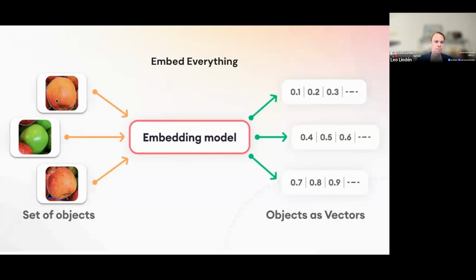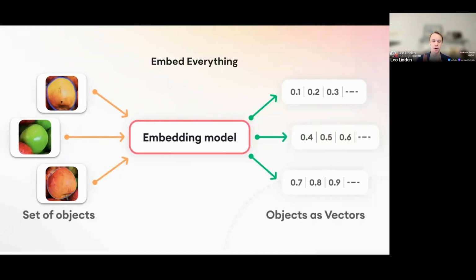Let's have SAM suggest every single possible segmentation of an image, in this case every possible apple segmentation. But you can imagine if you have a huge data set of say 200,000 images, run SAM to find every possible segmentation of every one of those images, and then embed every one of those. And we get this searchable database of all possible instances within the data set.